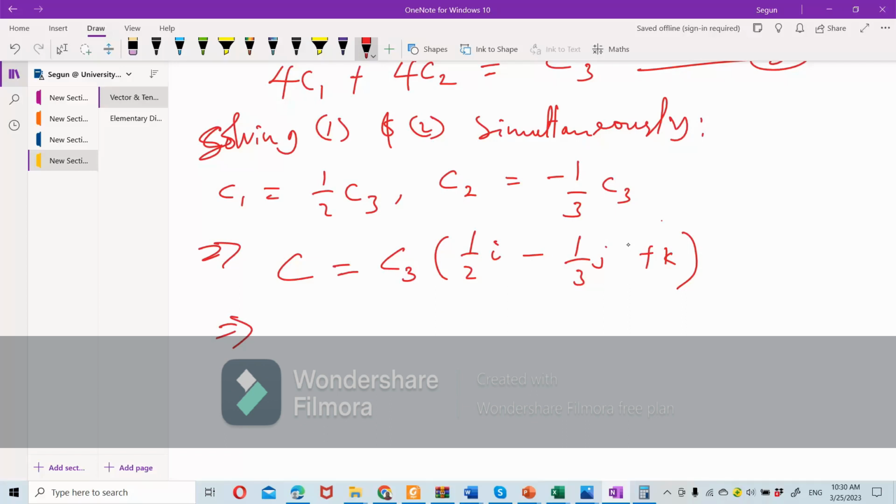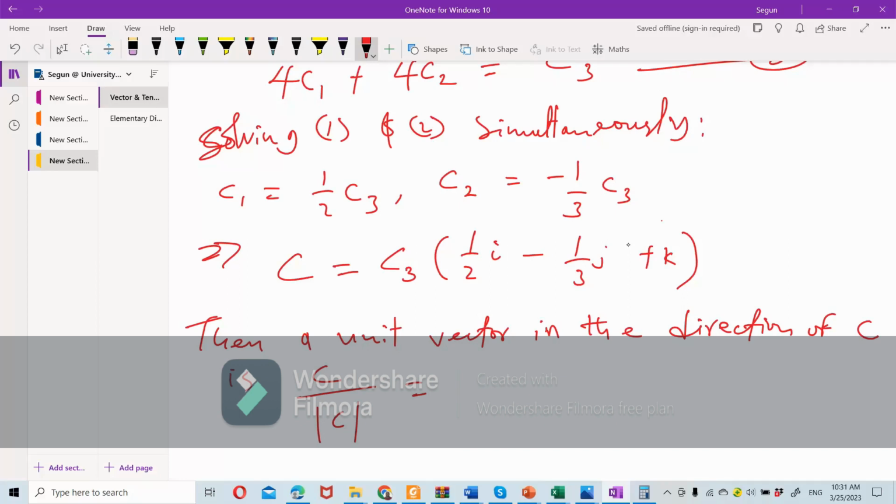Which implies that the unit vector in the direction of C is C divided by the magnitude of C. Remember the way we did the first one?